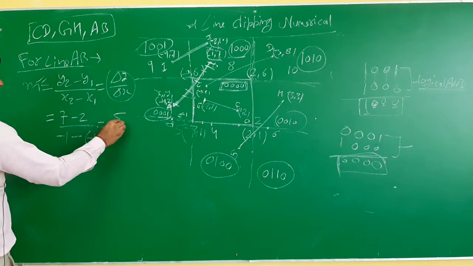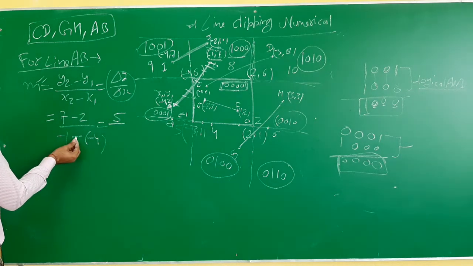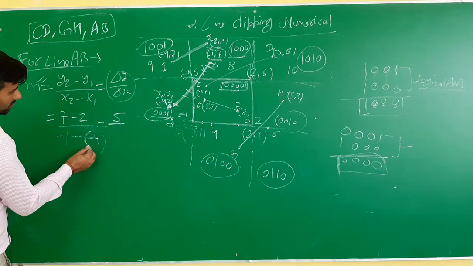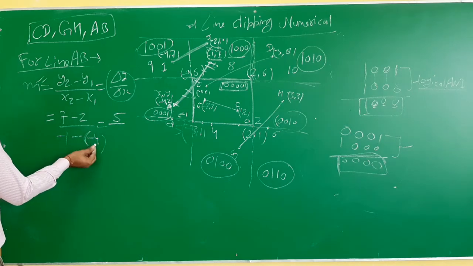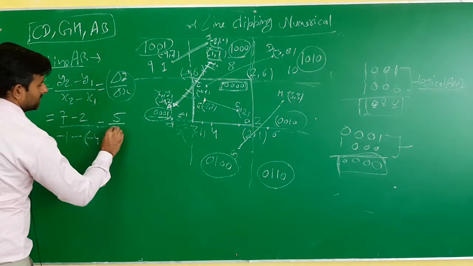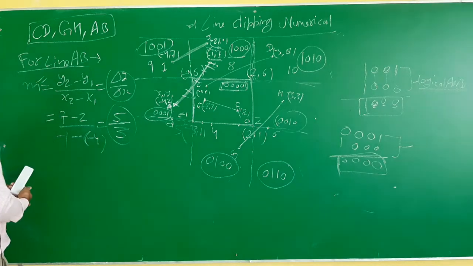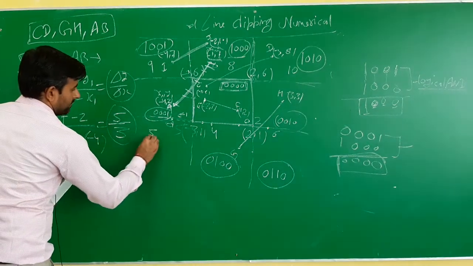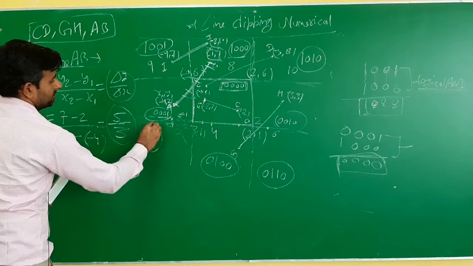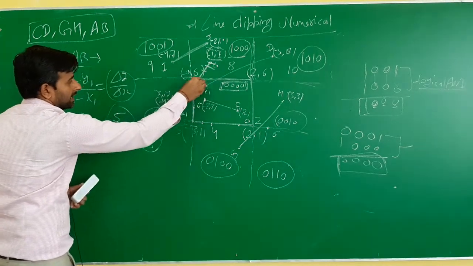7 minus 2 equal to 5. When this minus goes under this minus, minus plus, plus 4 minus 1, we will get plus 3. Then the value of slope we get is 5 by 3, and this value will be same for all the line.